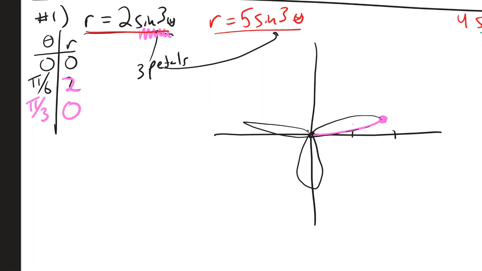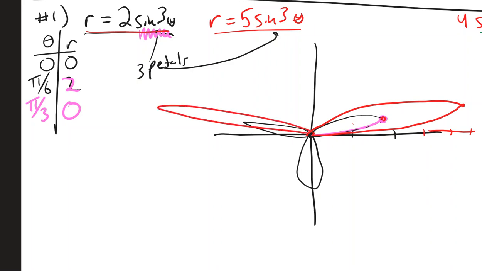These are almost the same thing. This was 2 times the sine of 3 theta. This is 5 times the sine of 3 theta. So where this was 1 times 2, this is going to be 1 times 5 in the same angle. But sine is still 0 at the same time. So the second polar equation looks something like that.